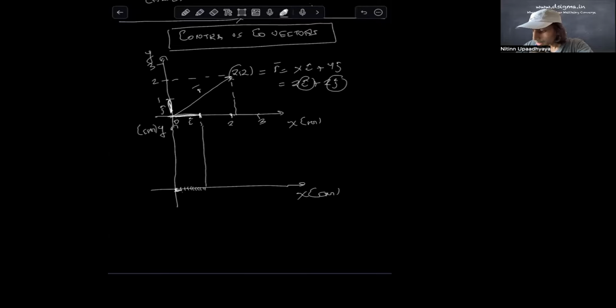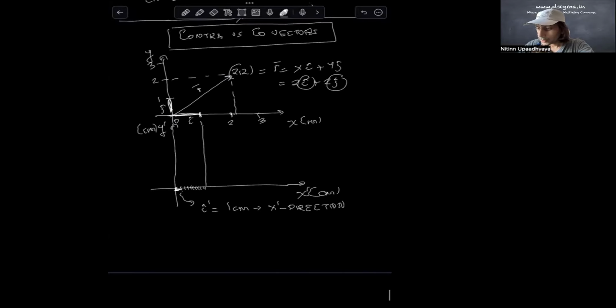And each of these now constitutes a new unit vector, which we call i prime, which is 1 centimeter along the new, rather this will be x prime and this will be y prime. So it's 1 centimeter along the x prime direction. Right? So what we've done here, going from this coordinate system to this coordinate system, is we've just rescaled our coordinate axis.